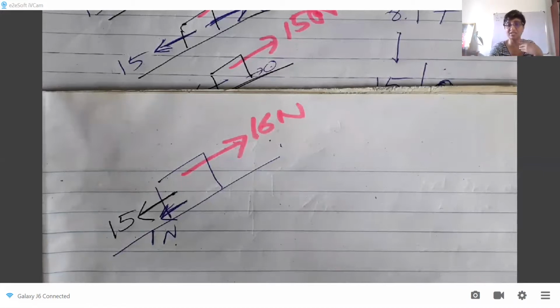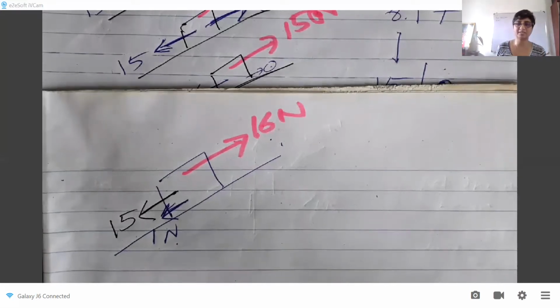There is a smallest value to a largest value that you can apply to keep it from moving. In the example I took, from 5 newtons to 25 newtons, any force between those two numbers keeps it still.